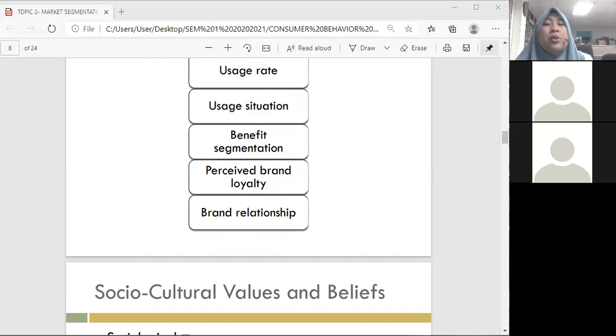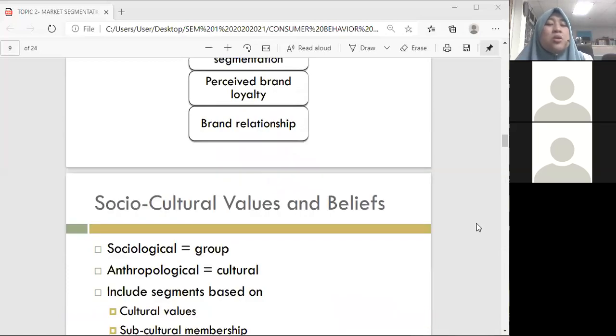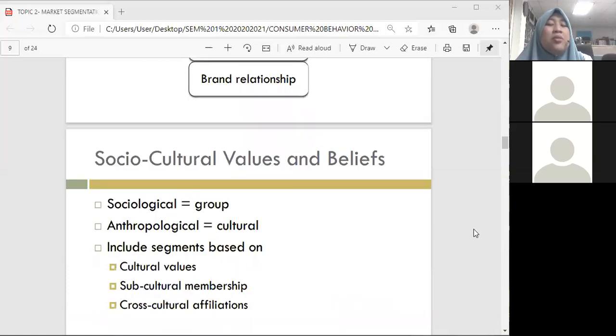Okay, we move to the next one, social cultural values and belief. Under sociological we have equals to group, and the next one we talk about anthropological. Anthropological is more on cultural value and belief, and includes segments based on cultural values, subcultural membership, and also cross cultural affiliation.